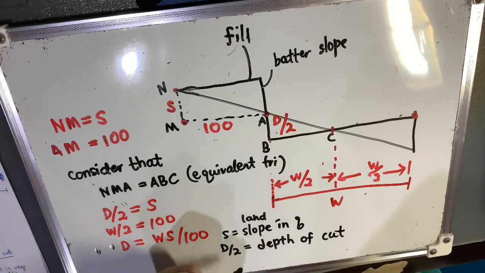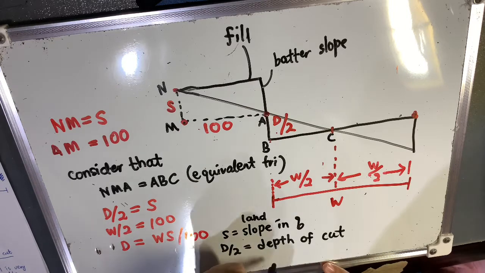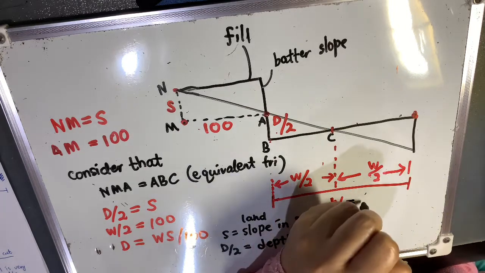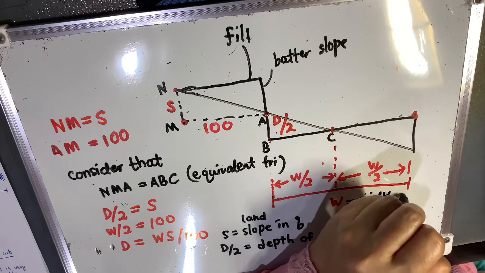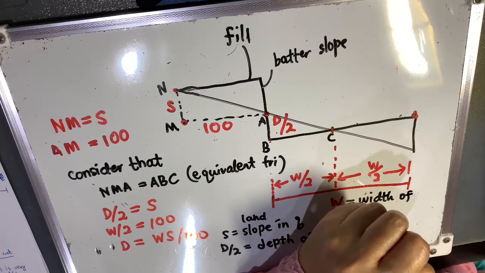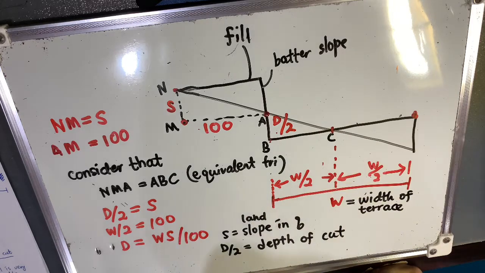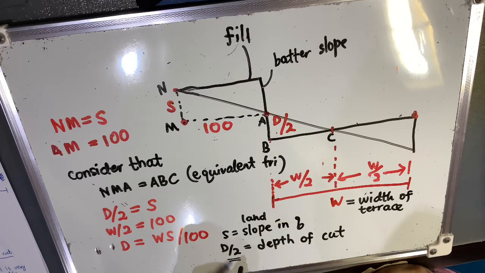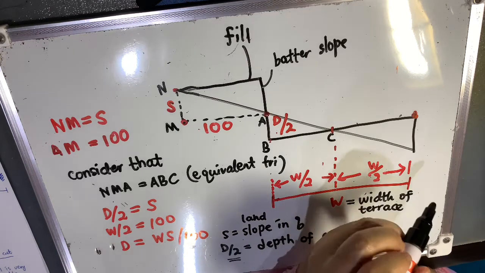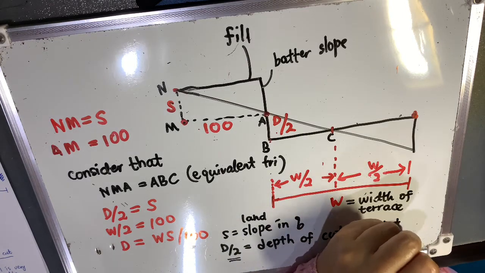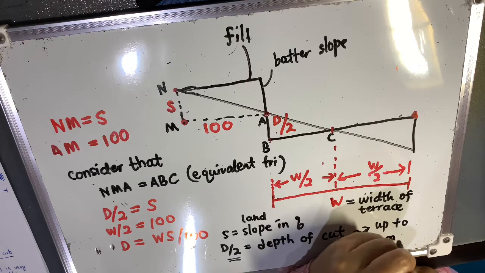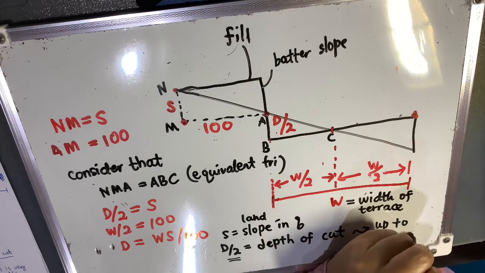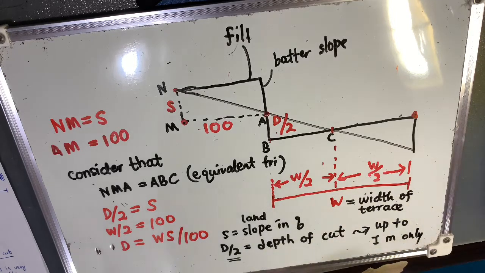And W is the width of terrace. For the value of D over 2, normally the height is up to 1 meter only. But this is not necessarily true all the time, this is just a suggestion.